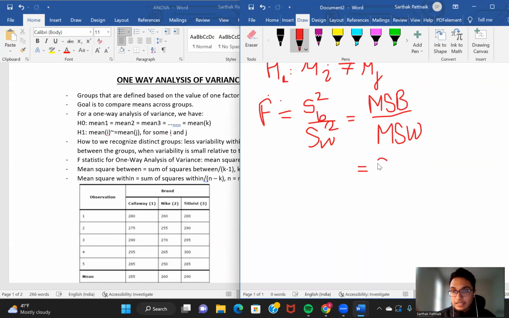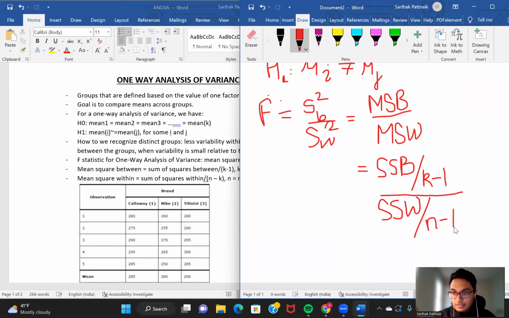So this can be defined as sum of square between divided by the degree of freedom of mean square between, which is k minus 1, divided by sum of square within divided by n minus k.